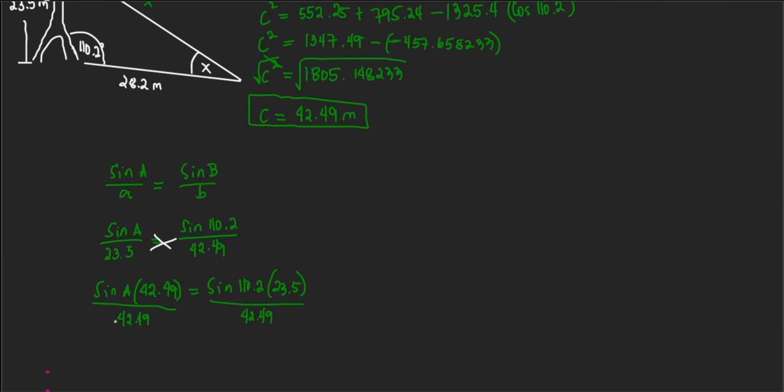So this is cancelled out. So maiwan na lang is sine A. Then, you do the calculation sa ating numerator. So sine 110.2 times 23.5.